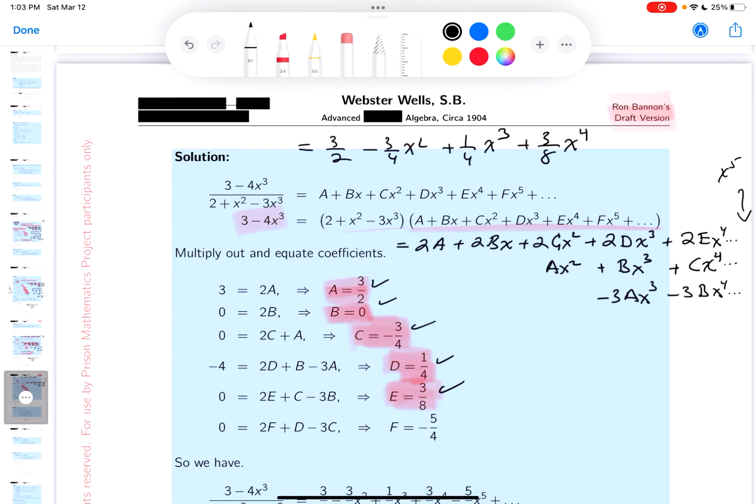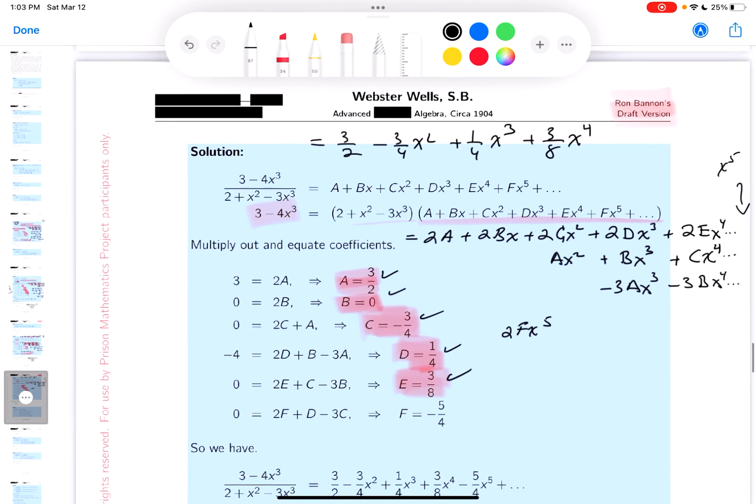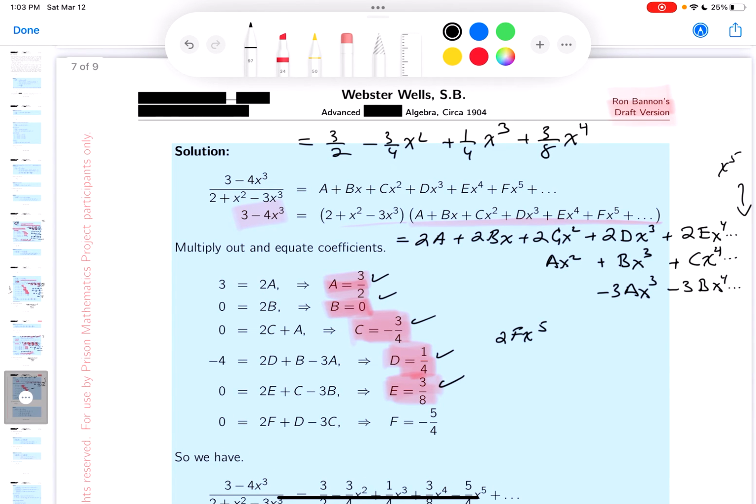So where would that come from? It would certainly be 2f. And for the x squared guy, where would that come from? That would be x squared times dx cubed, so that would be dx5. And where would the other guy come from?